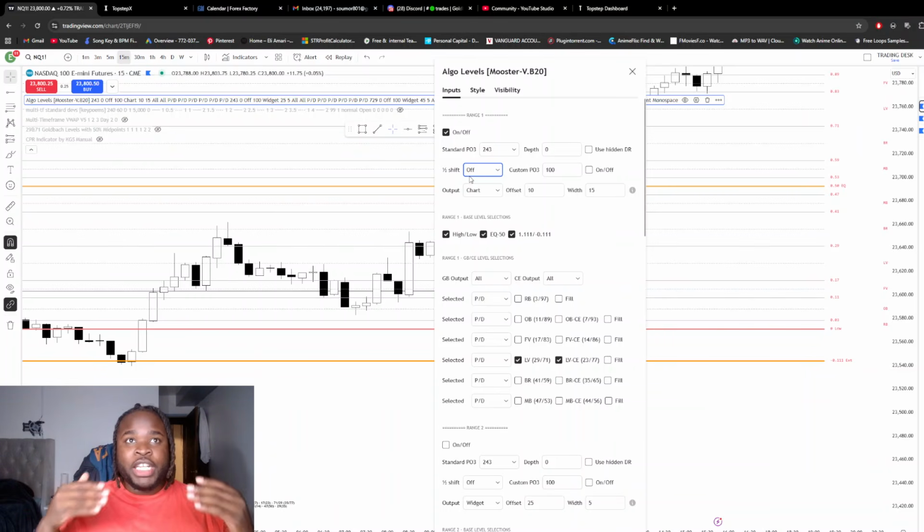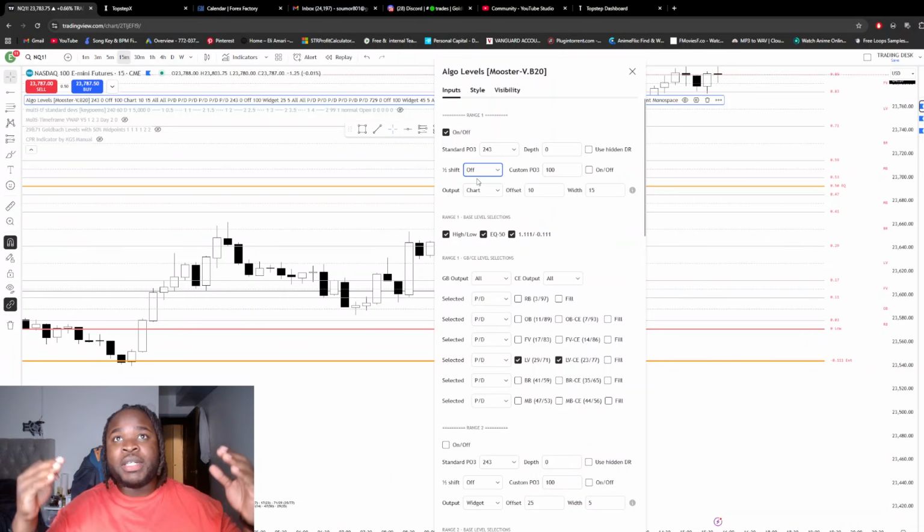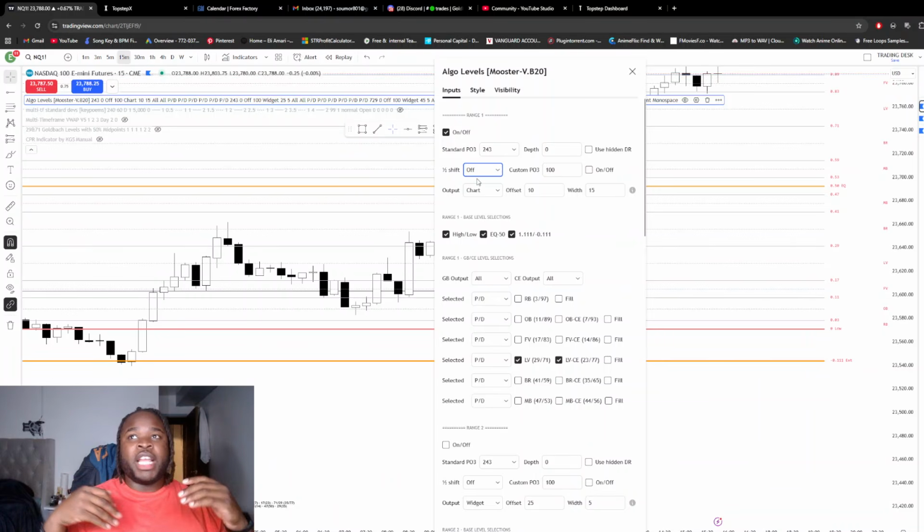You just have to really look at price action and be able to tell, okay, I want to look at it from a half shift down or a half shift up. It's really subjective to the person using the tool, but don't get confused by this.